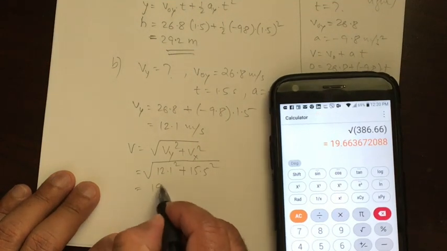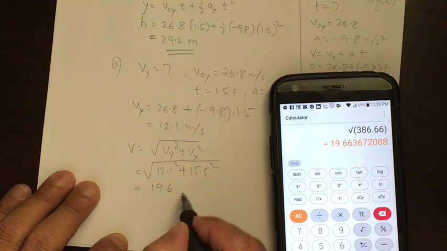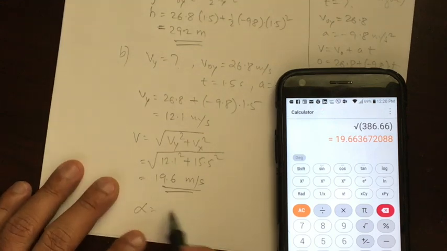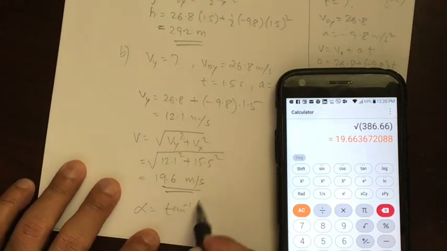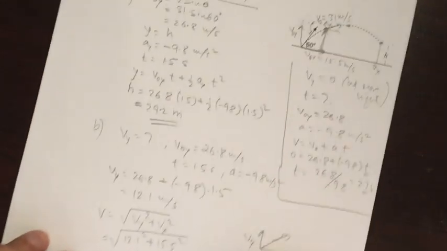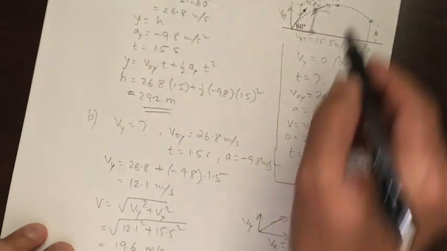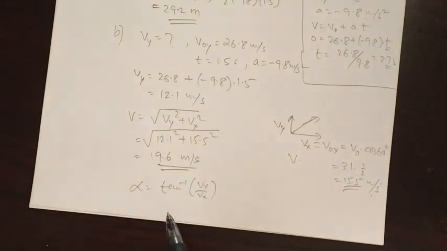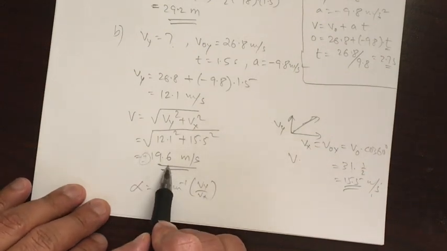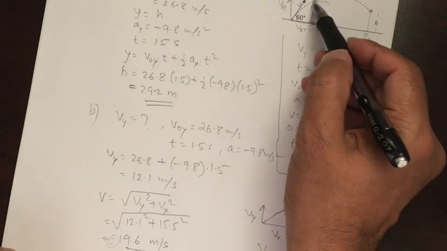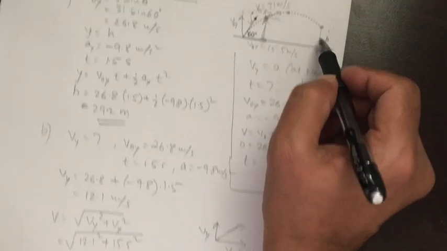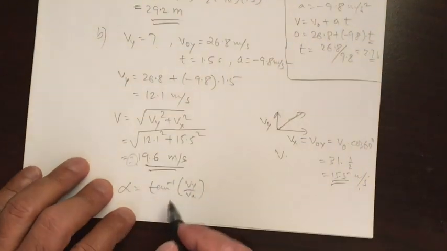This will give 19.7 meters per second. And the angle alpha is arctan of Vy by Vx. We don't need to worry about the negative sign here because we know it is going up, so it will be positive anyway, right? So not minus. Since it's the first part, it is positive, so you don't need to worry about negative. If it was later, it would have been negative, and then your angle would have been different.